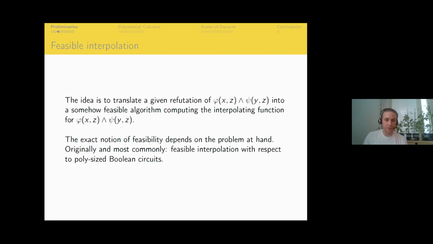The exact notion of feasibility depends on the problem at hand, and originally and most commonly it was used to mean feasible interpolation with respect to polynomial-size Boolean circuits. So whether one can transform the proof into Boolean circuits that compute an interpolating function and are only polynomially larger than the given proof, basically.